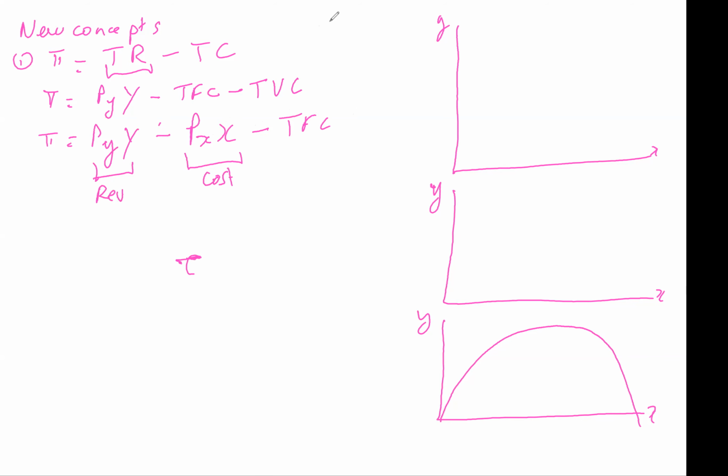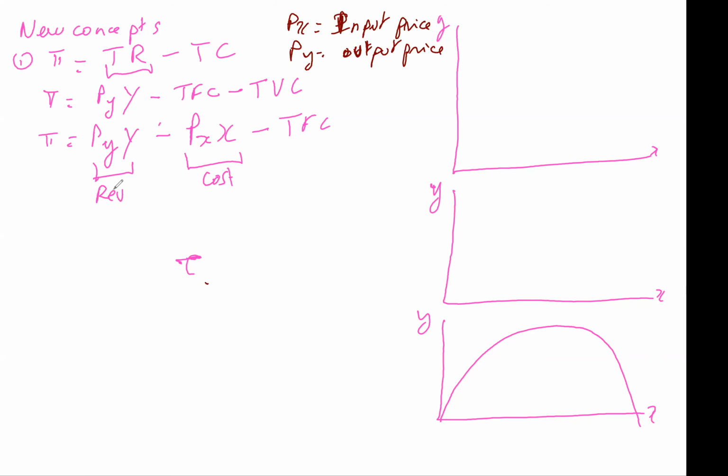PX equals input price, and PY equals output price. So of course, PY times Y is my revenue. This is my cost.